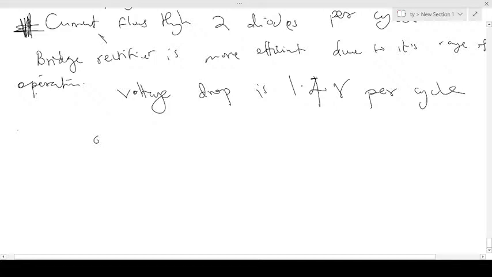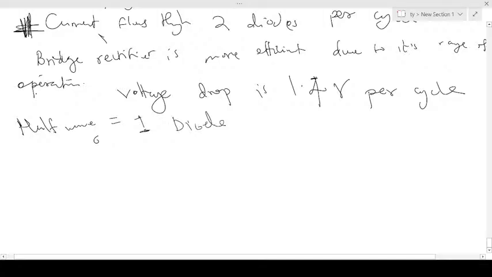Now, there are simple distinctions between a half-wave, a full-wave center tap, and a bridge rectifier. In half wave, one diode is used. In center tap, two diodes are used. In bridge, four diodes are used.